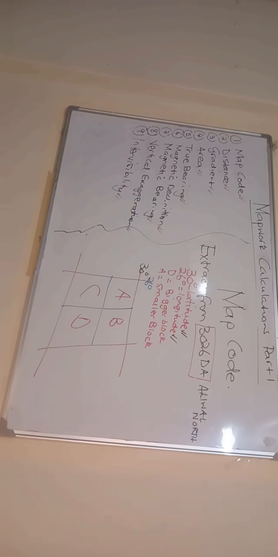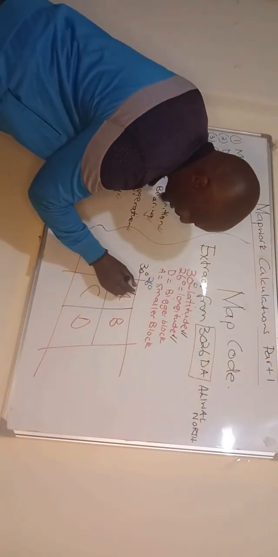So our bigger blocks are further divided into 4 smaller blocks, which means each bigger block, that is A, B, C, and D, is further divided into 4 blocks. So we now have something like this.